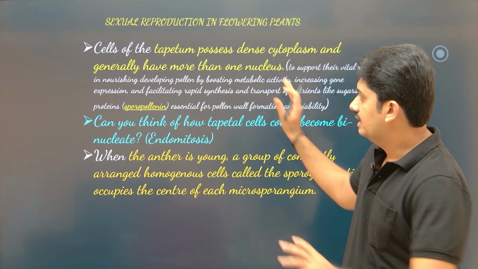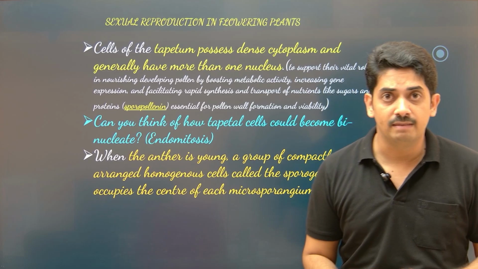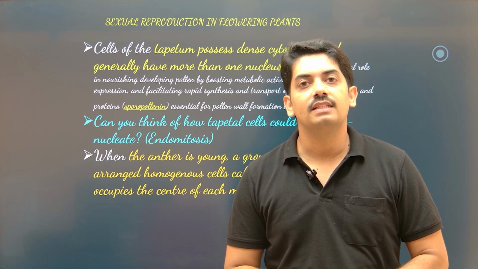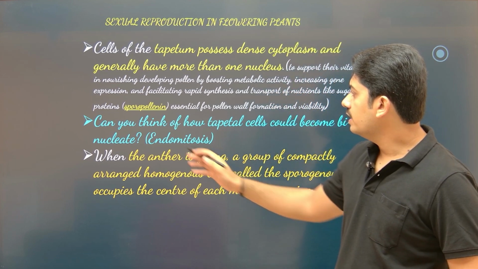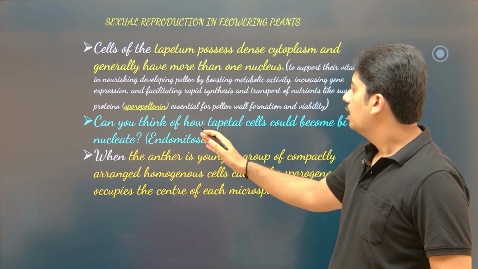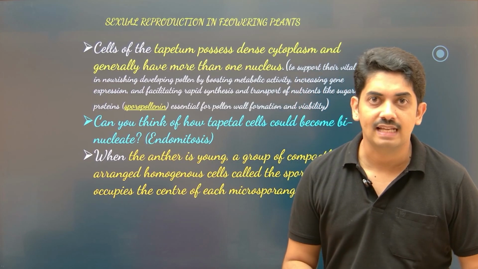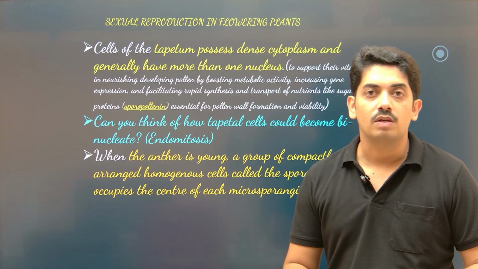Okay, so it is just an addition of information to tapetum because you need to remember this tapetum, a most important aspect in studying the transverse section of anther. Okay, so can you think of how tapetal cell could become binucleate? Sometimes they will ask this question. So this is mainly because of endomitosis.